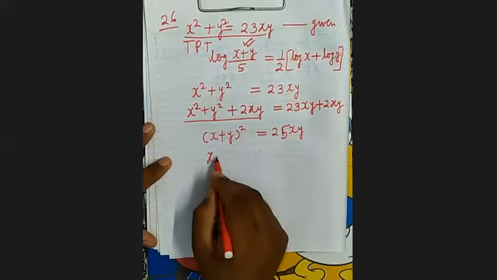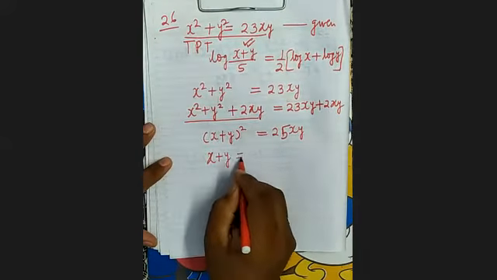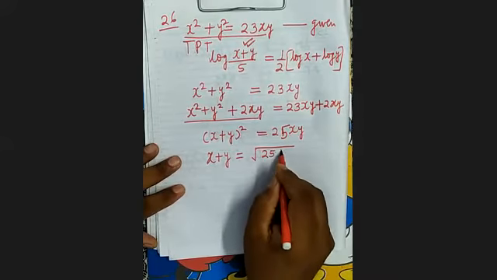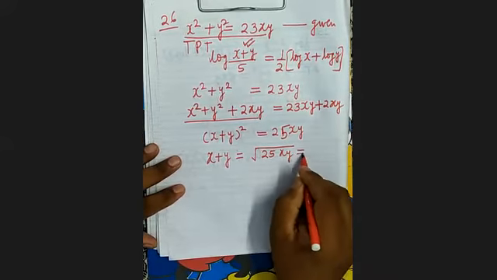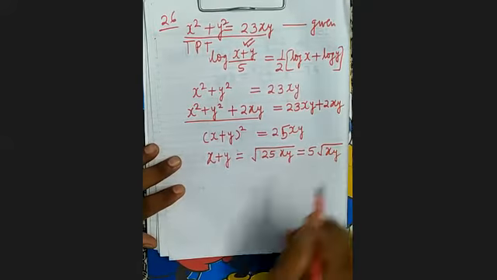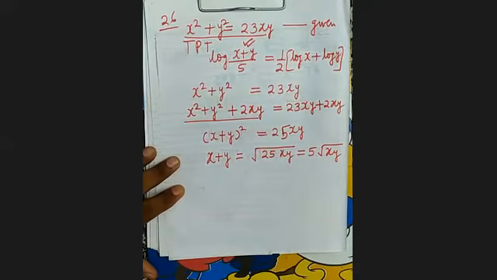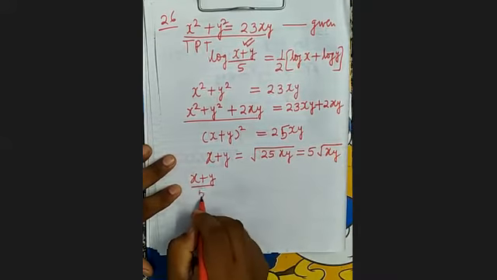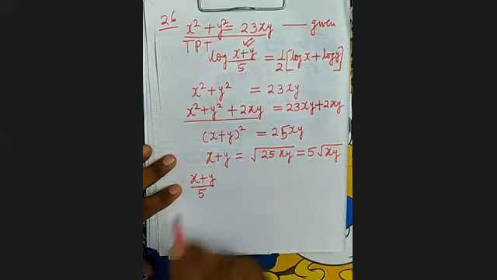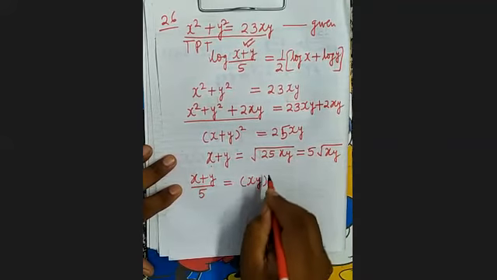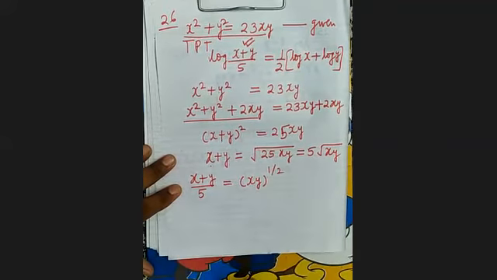So what will be x plus y here? It will be square root 25xy, that is 5 square root xy. Now you write it this way. 5 you take on this side, root xy you write as xy to the power 1/2.